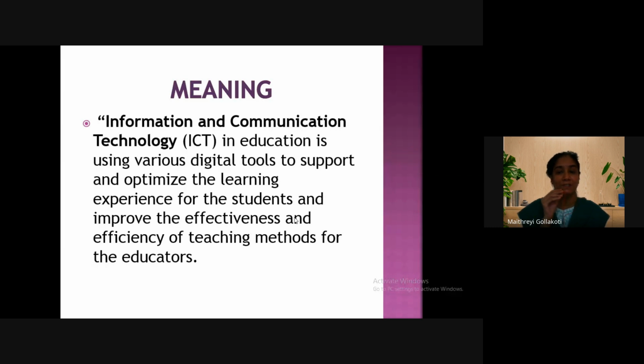And optimize means it will increase the experience of the student. The student will have a better experience of knowledge through ICT tools. Okay, so it will optimize, it will support. Okay, now regarding teachers, it will improve the effectiveness and efficiency of teaching methods.